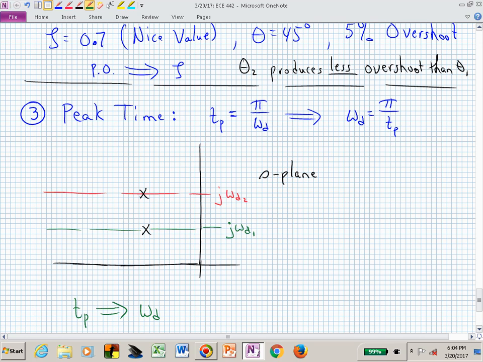So here the question is, omega sub d sub 2 produces a slower or faster system than omega sub d1, or t sub p sub 2 is something relative to t sub p sub 1.